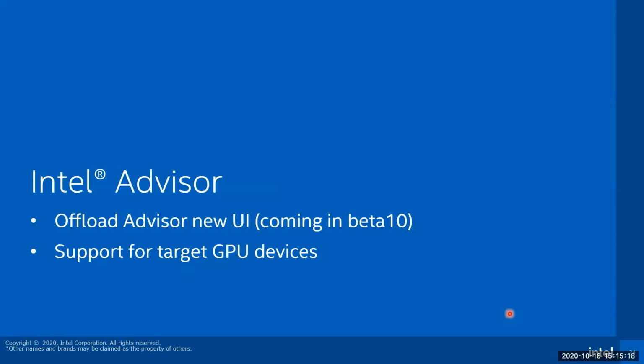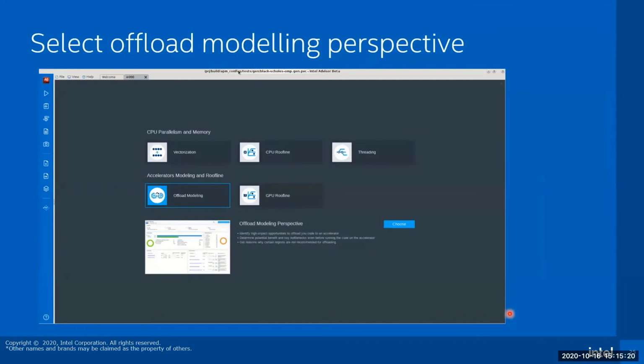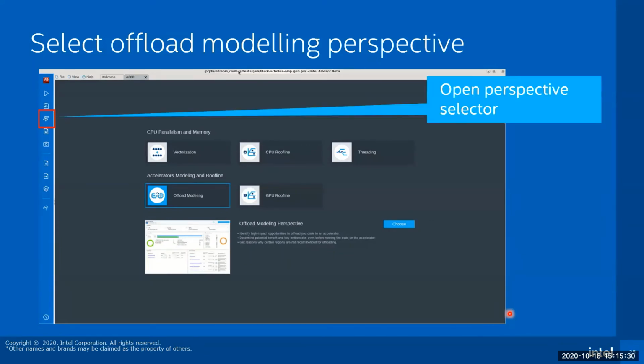Let's start with the Offload Advisor. Just to quickly give you the main idea, it's a new GUI, graphical user interface, that is available only from oneAPI toolkit beta 10, which is about to be released.